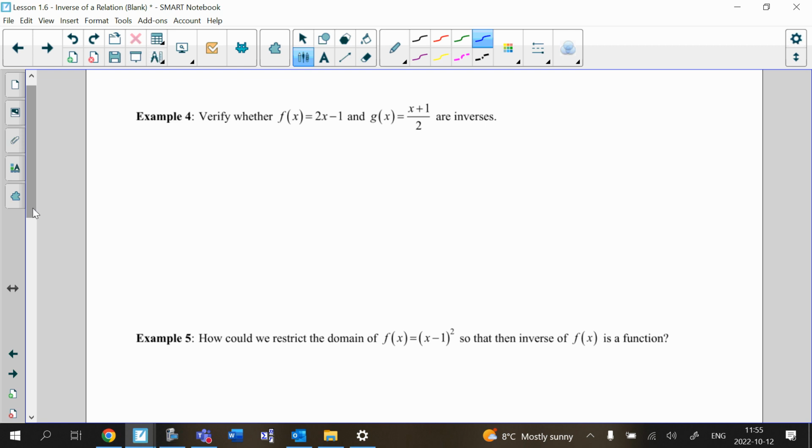Ellie? If you were to find the inverse of all the functions, f of x would end up with x plus 1 or the last bit on minus 1. If you were to solve 2x subtract 1 algebraically, it would end up being like g of x, except it's plus 1 instead of negative 1.